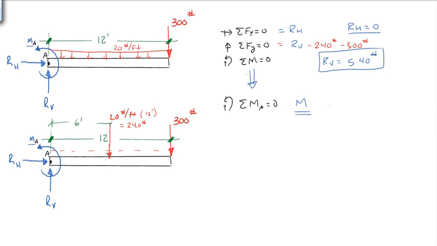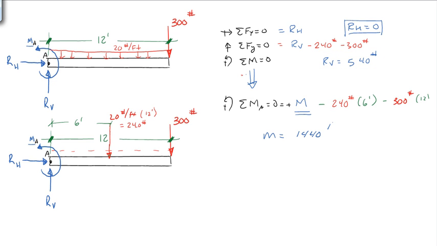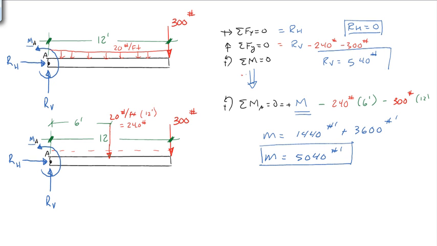We get the 240 pounds, that's 1440 pound-feet, plus 3600 pound-feet, where M is equal to 5040 pound-feet. RV is 540.